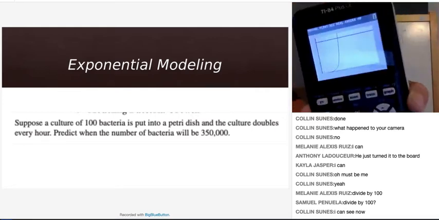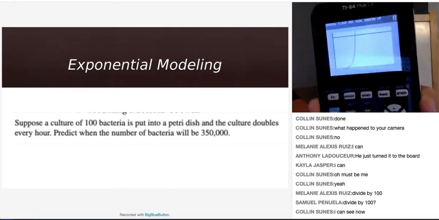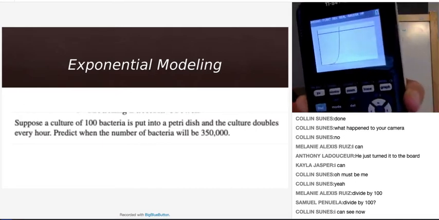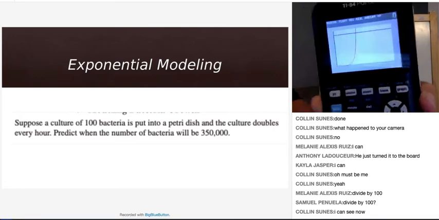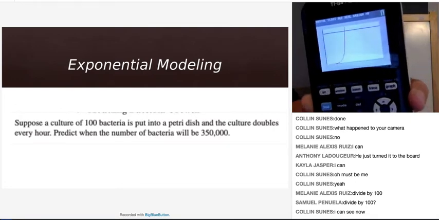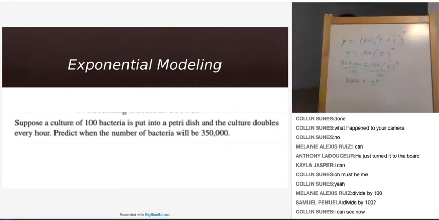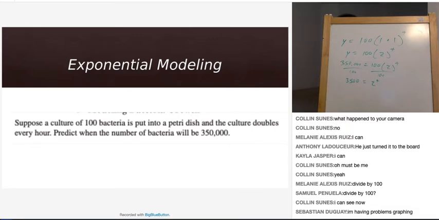There's the graph with my window. Make sure you're getting something like that. I'll put the answer up in a minute. Make sure you can get that picture of some sort. With the window, Sebastian?